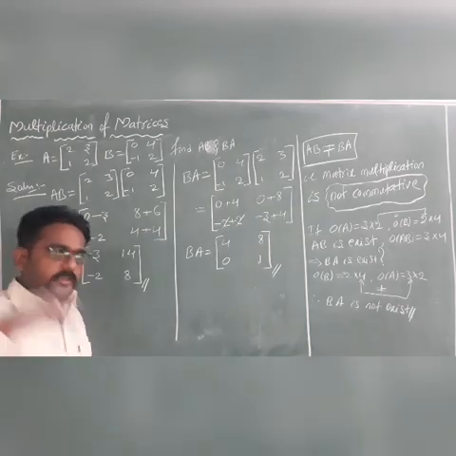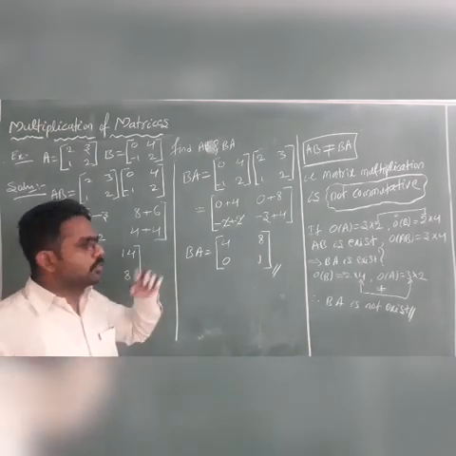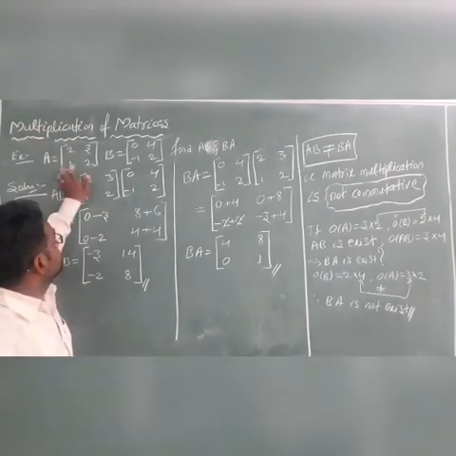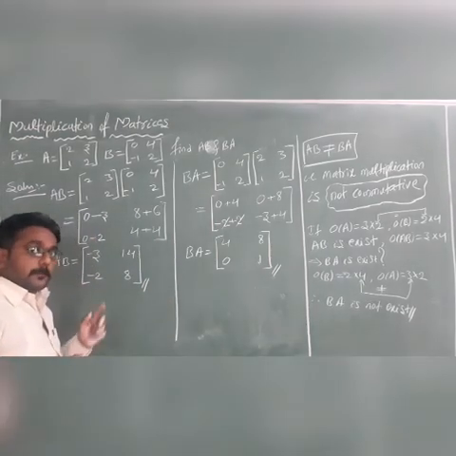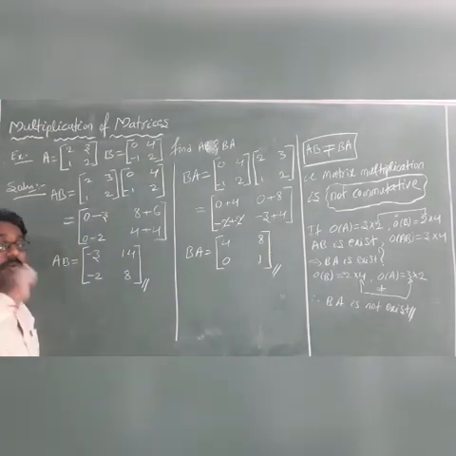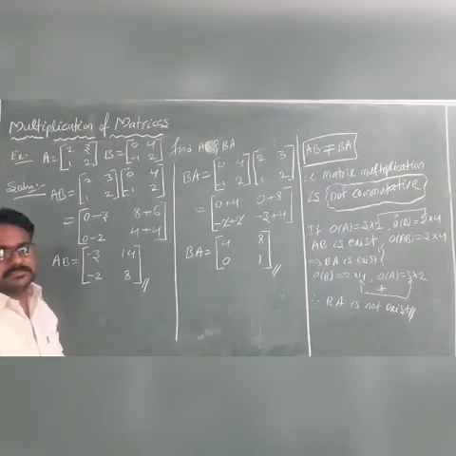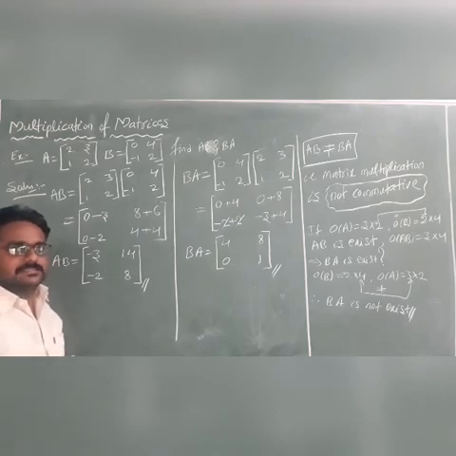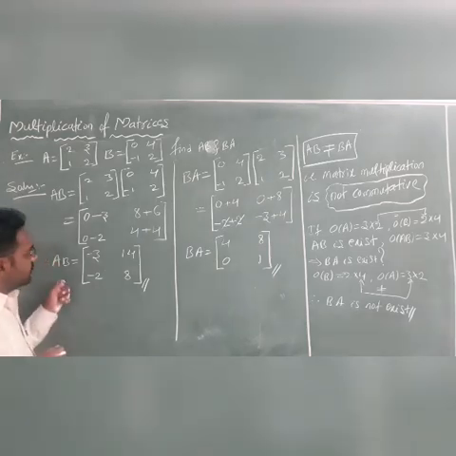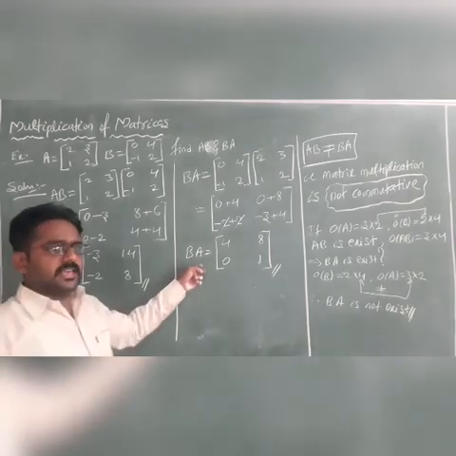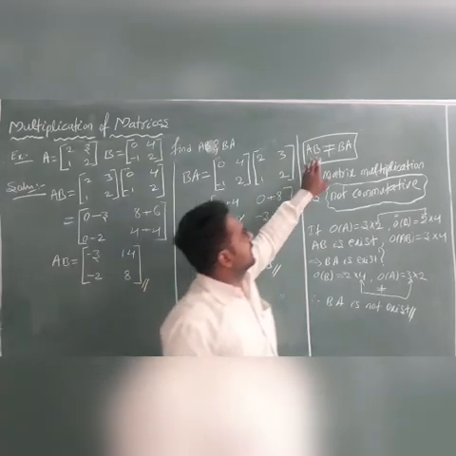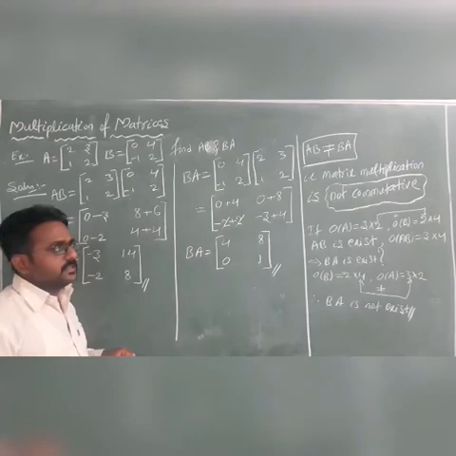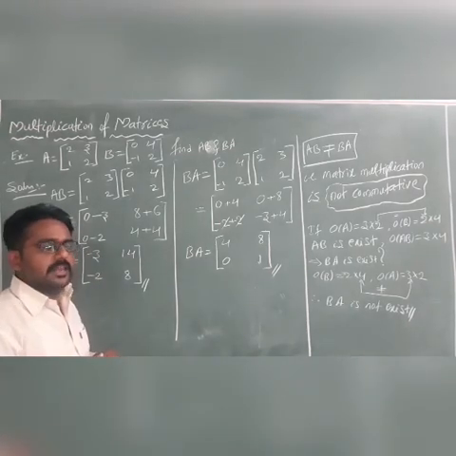And furthermore, even if AB and BA both exist for the same two given matrices, they may be unequal matrices. Got the point, students? If for two matrices A and B, AB is defined and BA is also defined, you may not get AB equal to BA. That means commutativity is not possible.